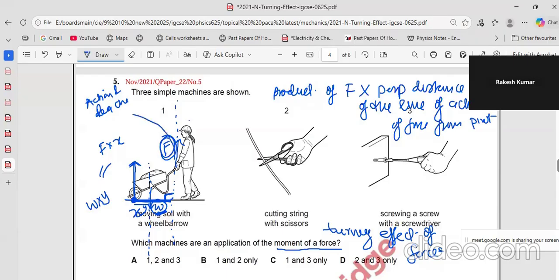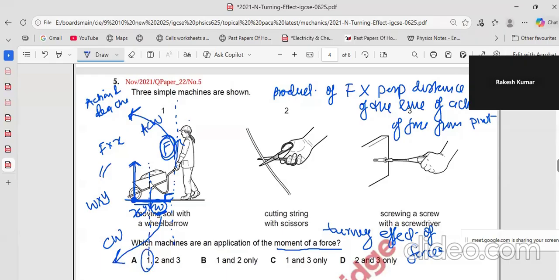This girl is trying to turn it up here, and this is going to turn it down. One acts in the anti-clockwise direction and the other in the clockwise direction, so they are balancing each other. Understand?